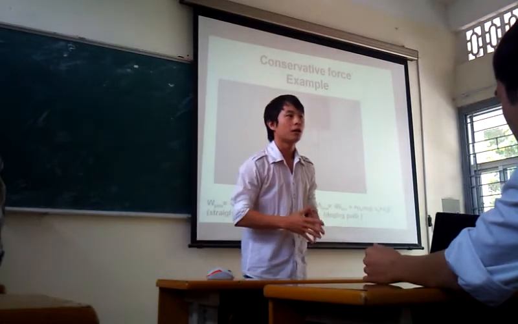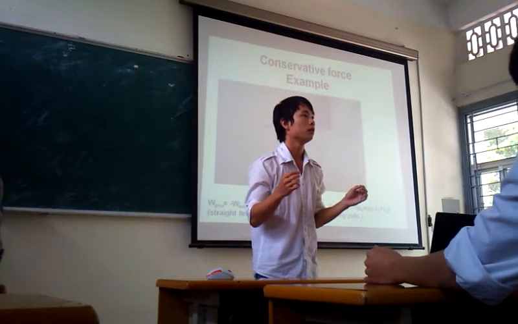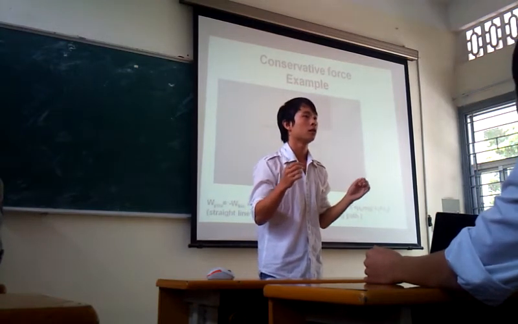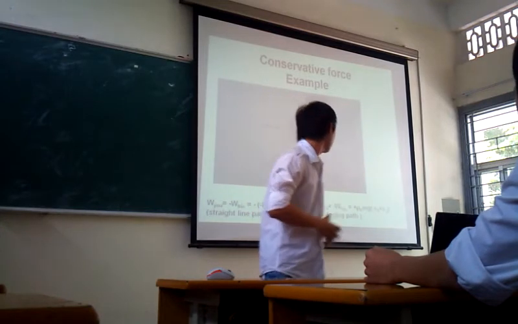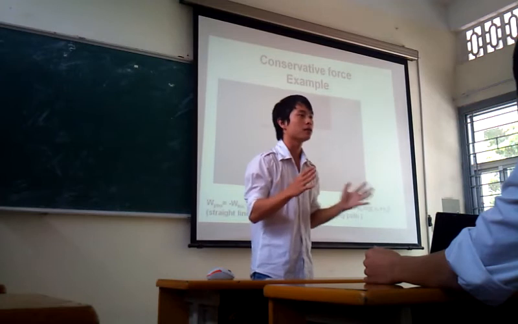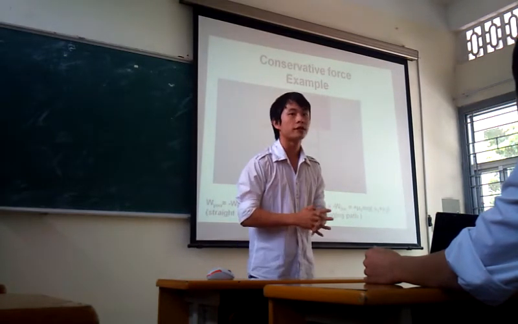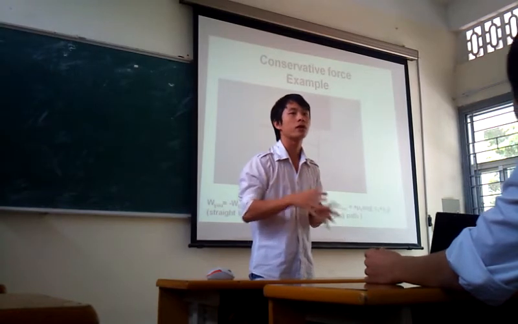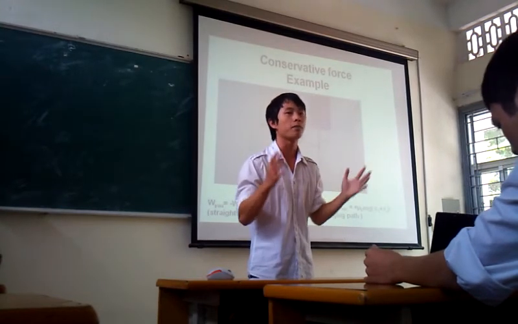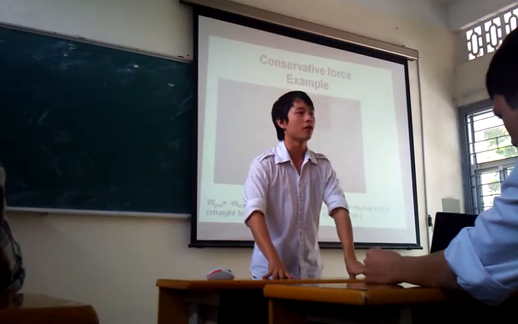Can you compare the two values in this case? Yes, different. So the frictional work depends on the path. Therefore, friction is not conservative. You should remember friction is not conservative. It is very important.